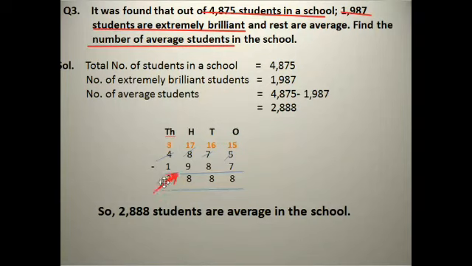And after that we subtract 1 from 3 is 2. And at last we write the answer. So 2,888 students are average in the school.